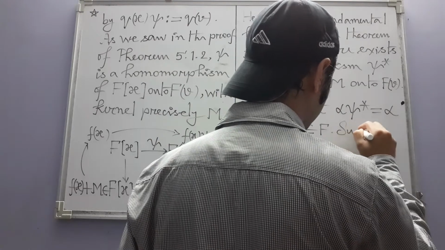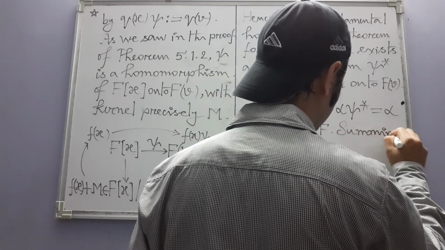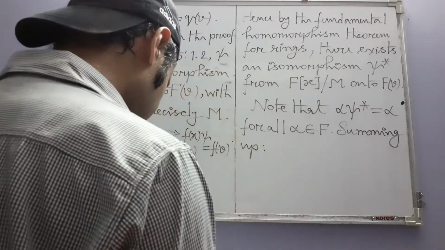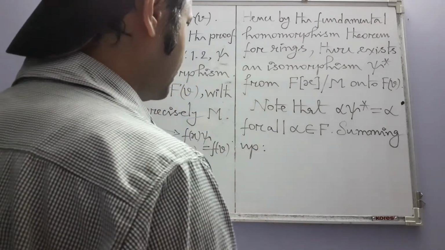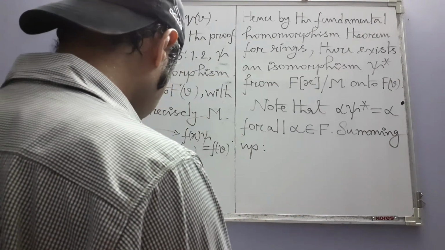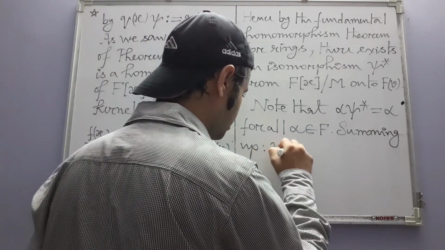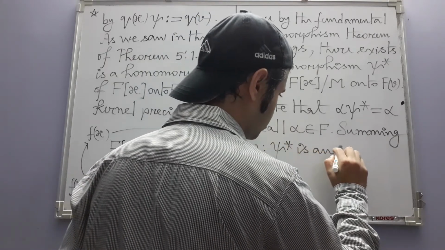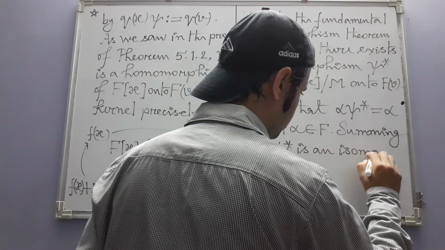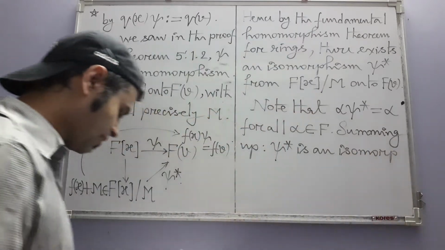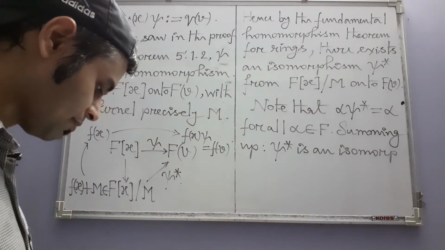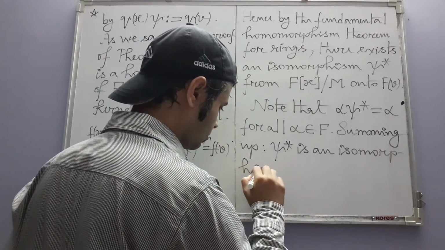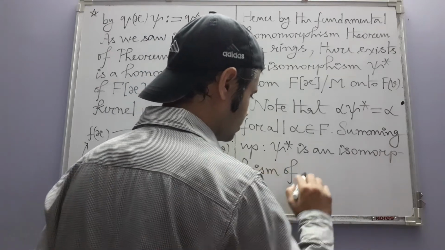Summing up, psi star is an isomorphism of this onto F(v).